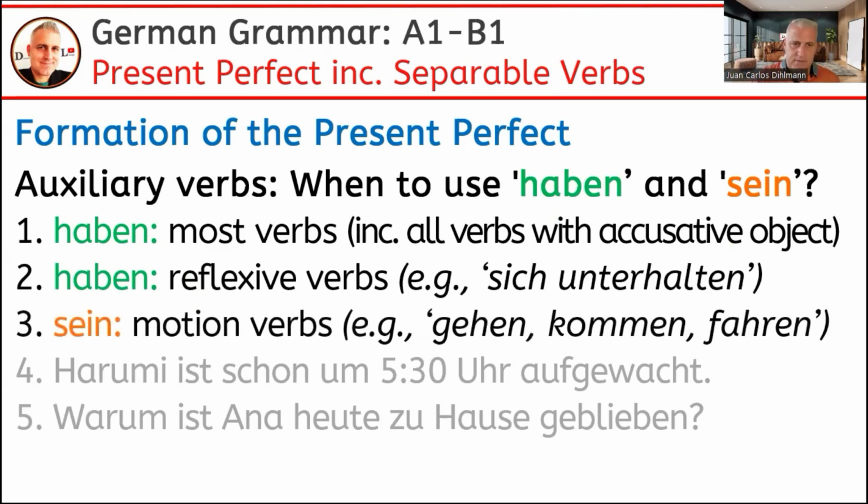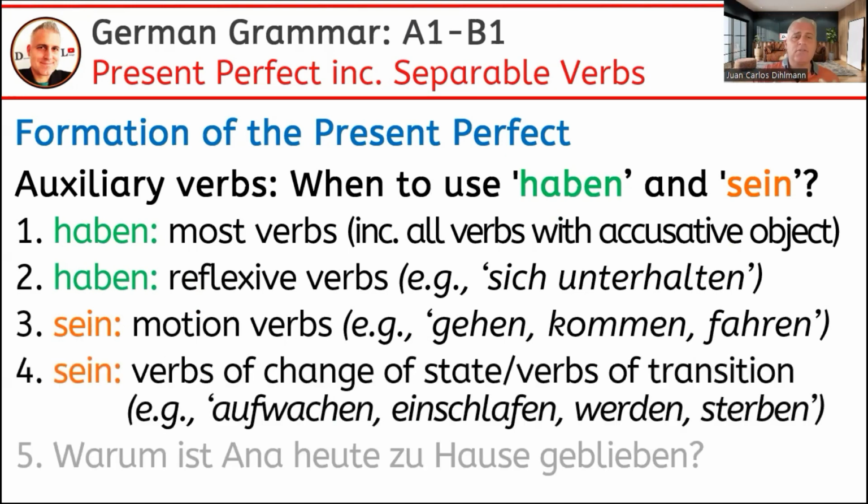Rule number 3, we use sein with verbs of motion, just like gehen, kommen, or fahren. Rule number 4, we also use sein with verbs of change of state or verbs of transition, just like aufwachen, wake up, einschlafen, to fall asleep, werden, to become, or sterben, which means to die. All those verbs describe a transition.